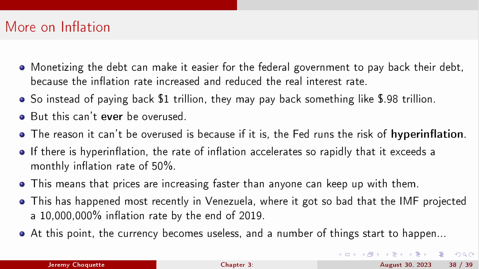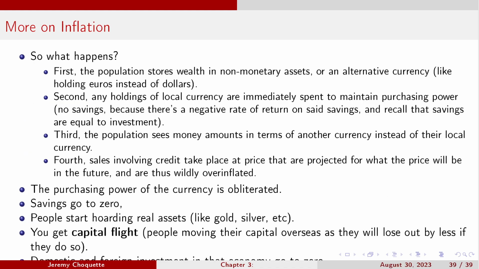Now, this happened most recently in Venezuela, at least as of the last time that I typed up this lecture, which was originally typed up in 2020. But the IMF projected that by the end of 2019, you would have a 10 million% inflation rate in Venezuela. And at that point, the currency becomes useless and a number of things start to happen.